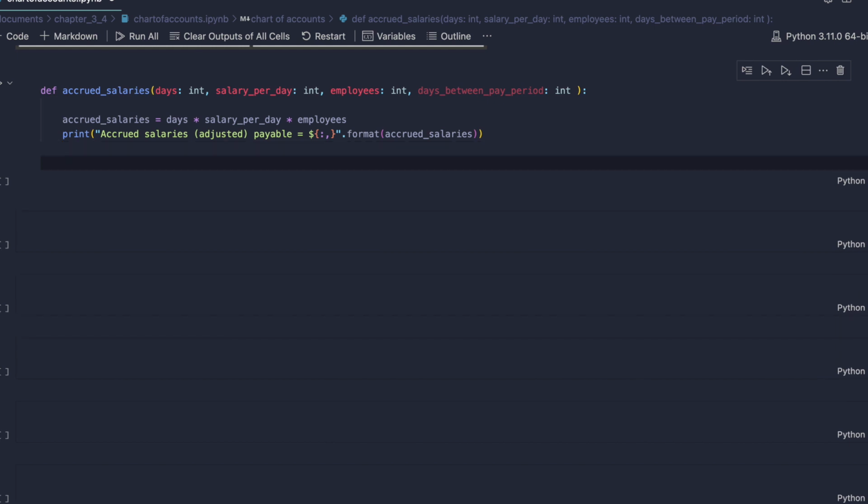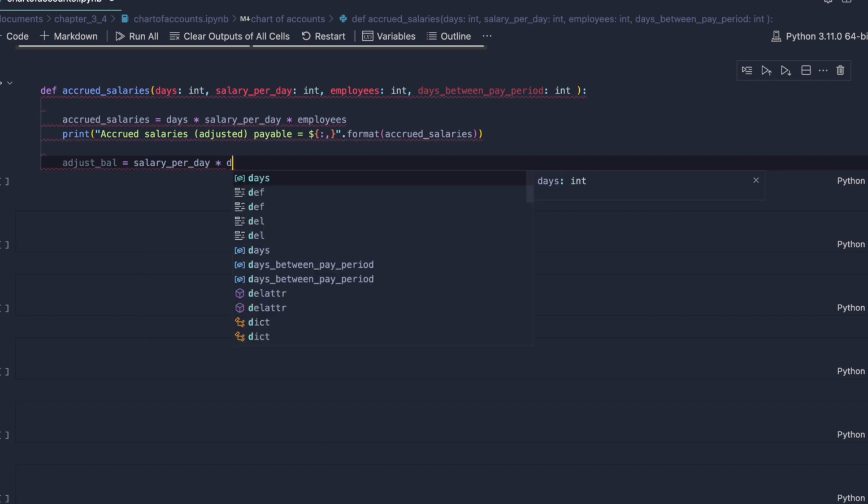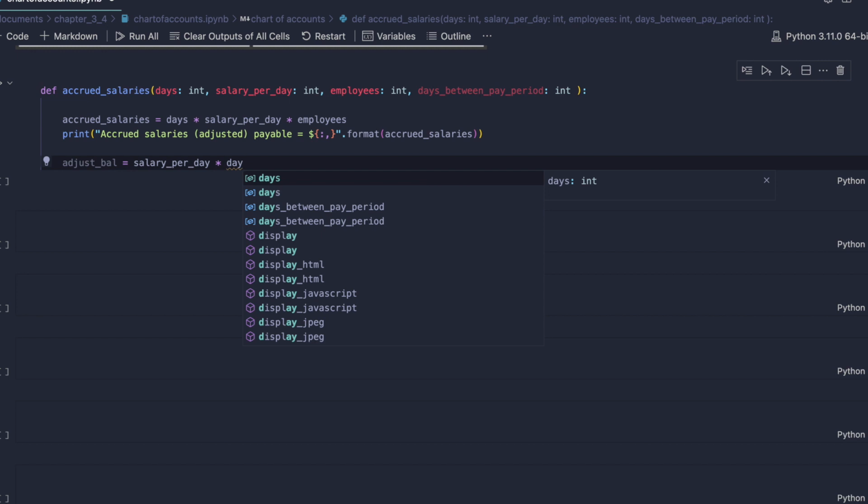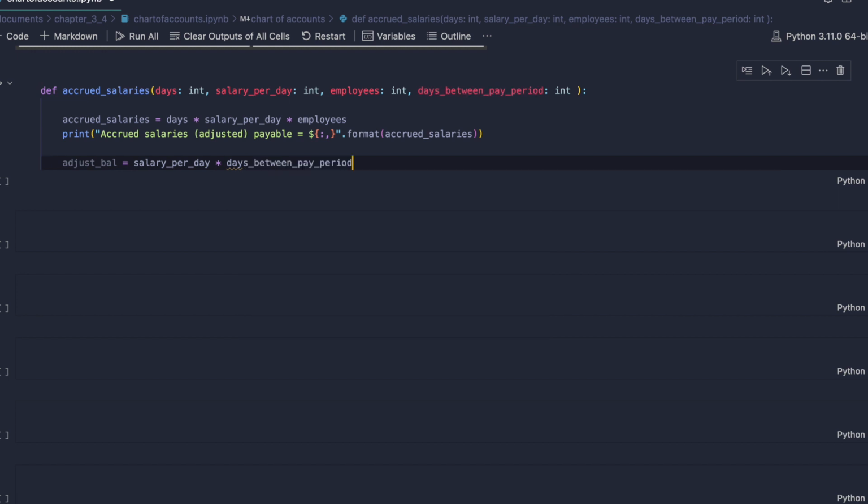The adjusted balance is the salary per day times days between pay period times the employees.